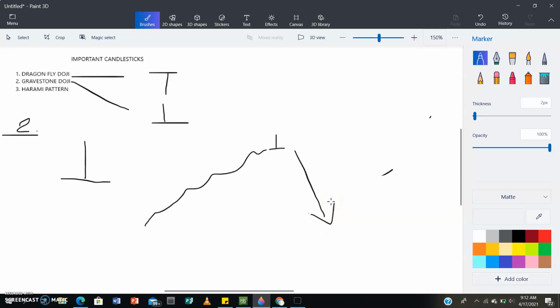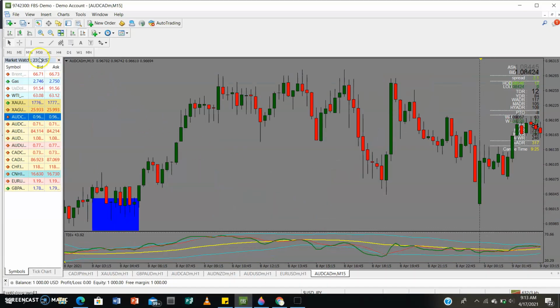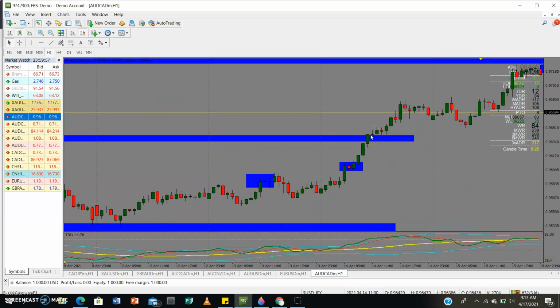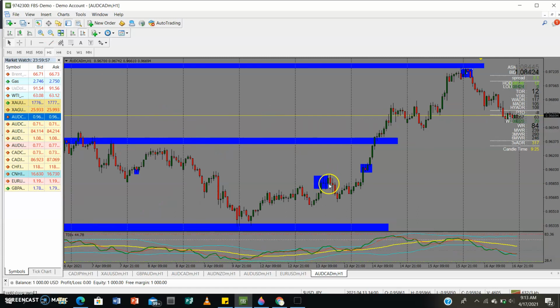So this basically shows that the bullish momentum is over, and then the sellers are now simply kicking in the market. Let's go to our charts and see where that occurred and where we can actually use it.